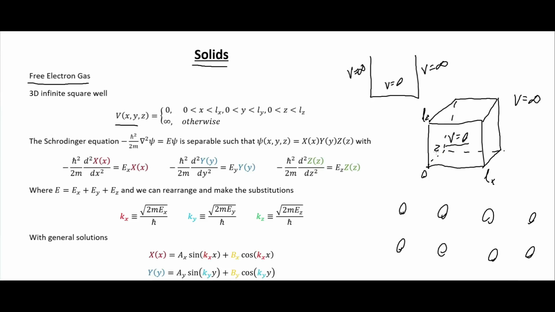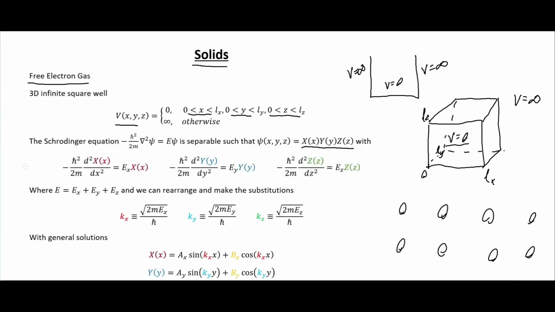I guess that should be an L in the y direction. That's what this means: going from 0 to Lx, 0 to Ly, and 0 to Lz, the potential is 0 and is infinite otherwise. So the Schrodinger equation we can separate into three variables, one for each direction.